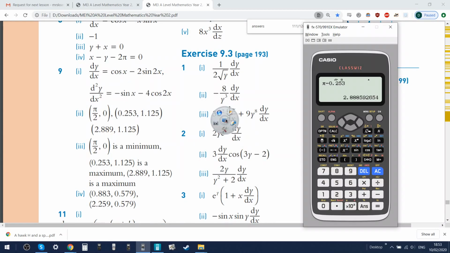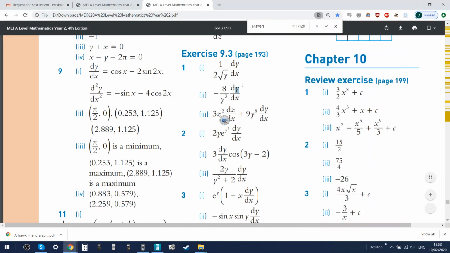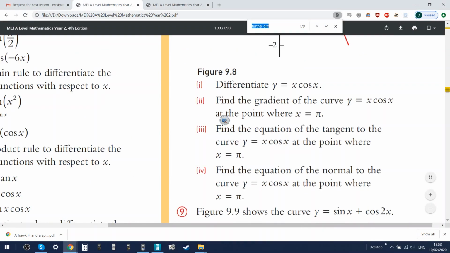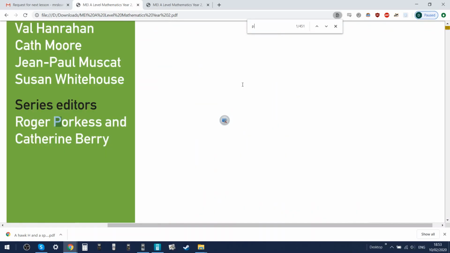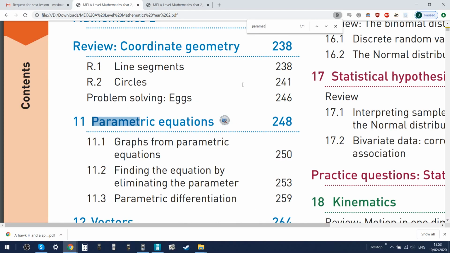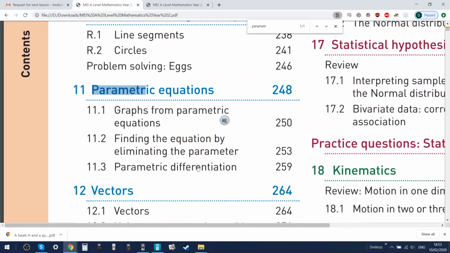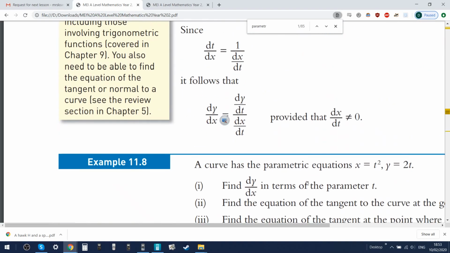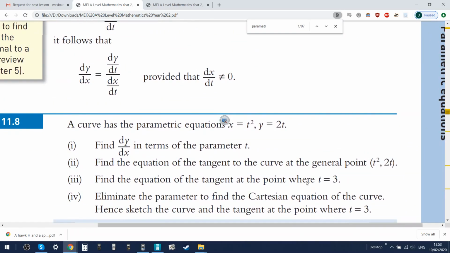If you want, we can quickly look at parametric differentiation. So parametric is where they separate out the y's and the x's. It's literally the derivative of the y over the derivative of the x.